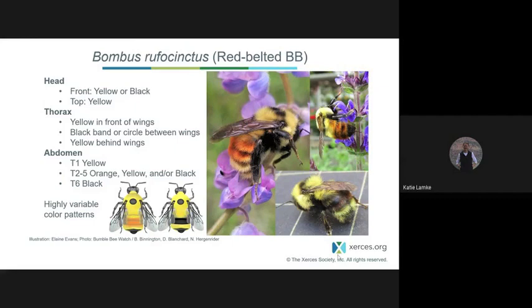In between the wings can be a black band or a black circle. T1 is usually yellow, but T2 through T5 can be orange, they can be yellow, they can be black. So again, it's a very highly variable species. That's a reason why it's important to get good photographs of the face so that we can see the cheek length and the abdomen.